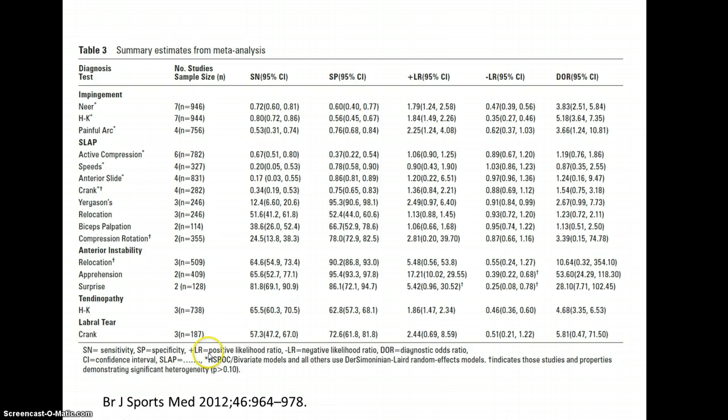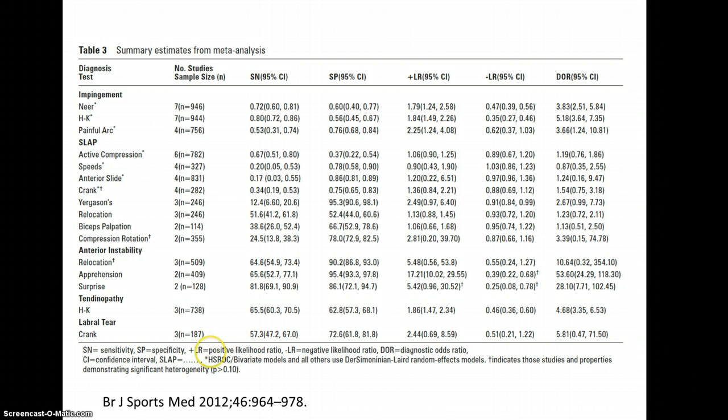You can see that they have looked at a tremendous amount of studies, in the hundreds, and they have looked at all of our classic special tests we use for our most common pathologies, from impingement to SLAP to instability. They have calculated sensitivity, specificity, and our positive and negative likelihood ratios. So they've looked at the big 4 statistical analyses that we want to look at when addressing the evidence.